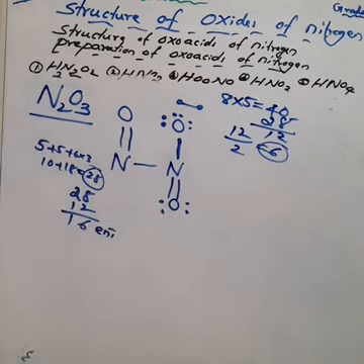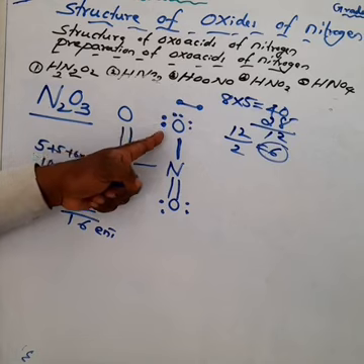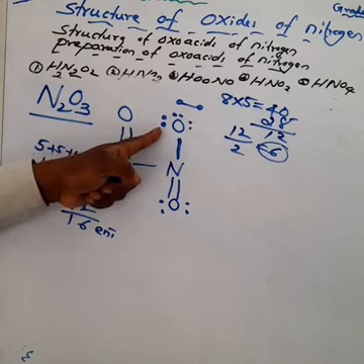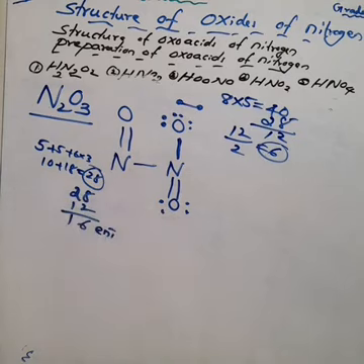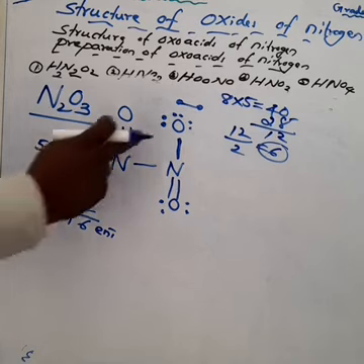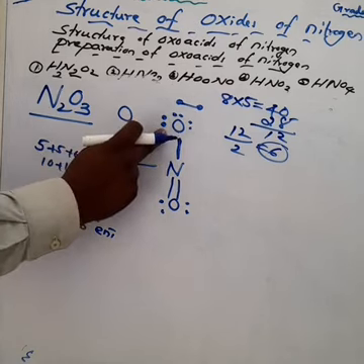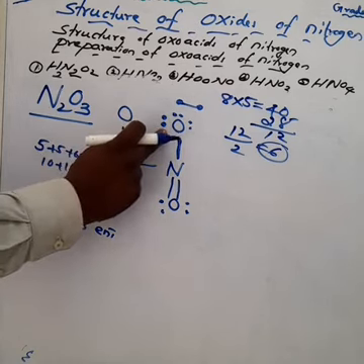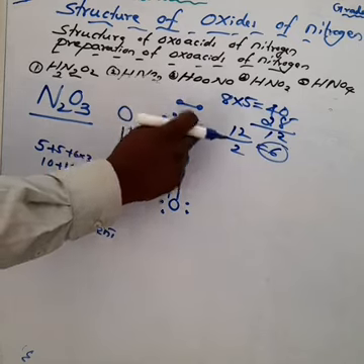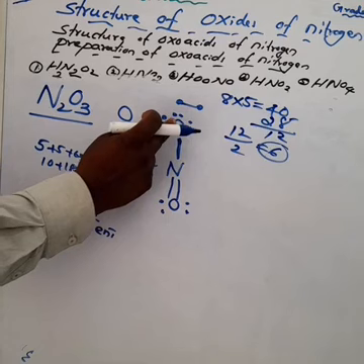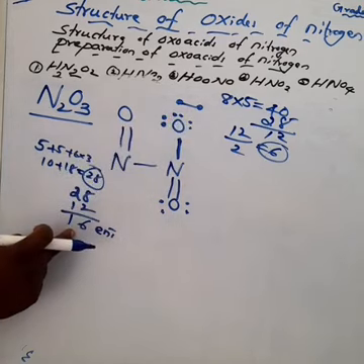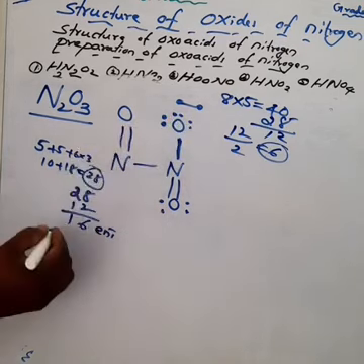Single bond means 6 electrons, double bond means 4 electrons, triple bond means 2 electrons. So first I am starting with the single bond of oxygen. Single bond means how many electrons? 6 electrons. Am I right? 1, 2, 3, 4, 5, 6. So 6 out of 16 is over. Remaining 10. Am I right?